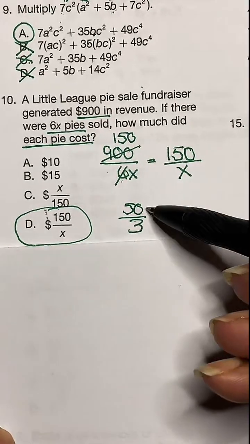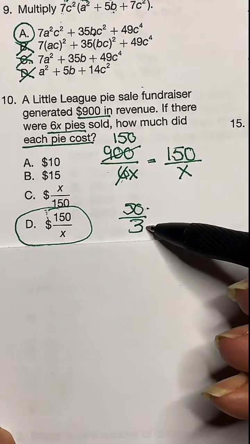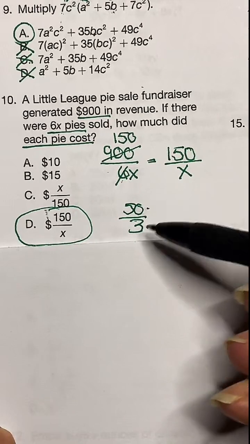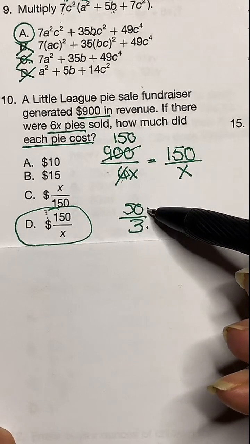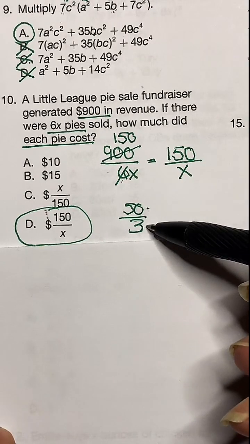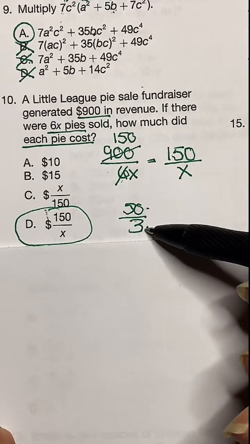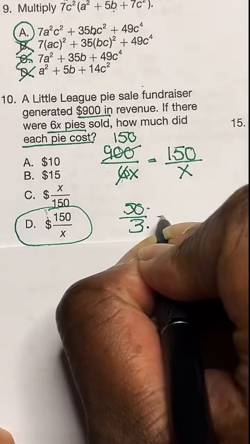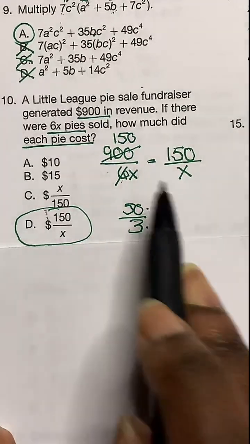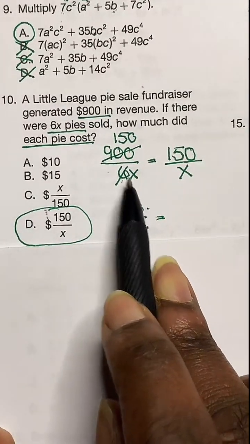Okay? So if I have $50 and I want to divide it evenly, like we won a prize, we went in a contest together and the prize was $50 and we won the $50 prize. Well, how are we going to divvy that up over 3 people? We're going to divide it by 3 so we know how much each person is going to get. Same process is happening here.